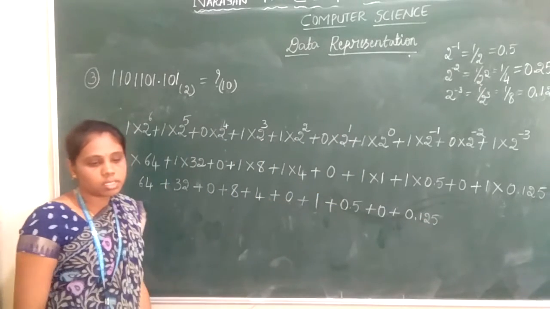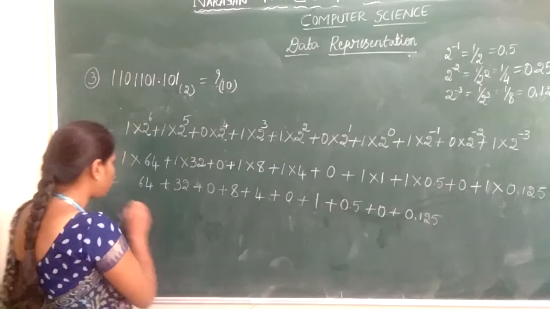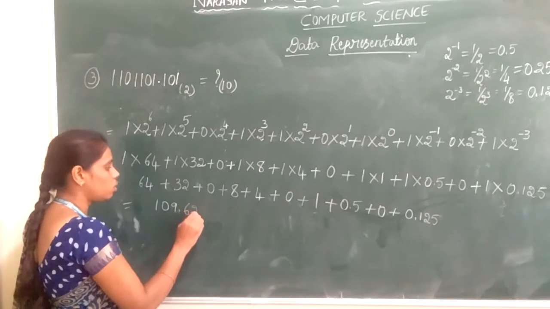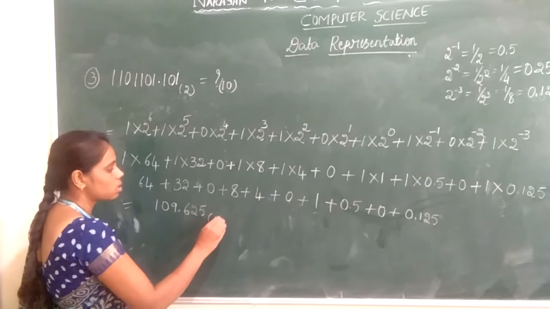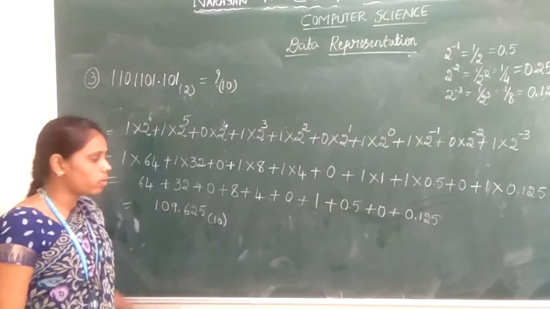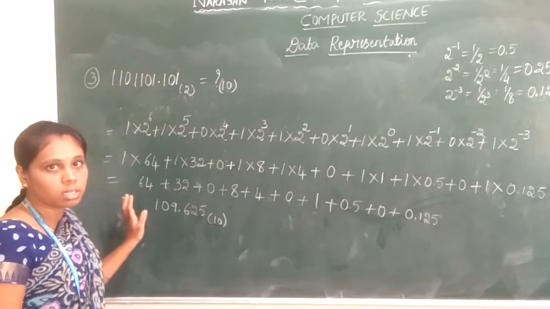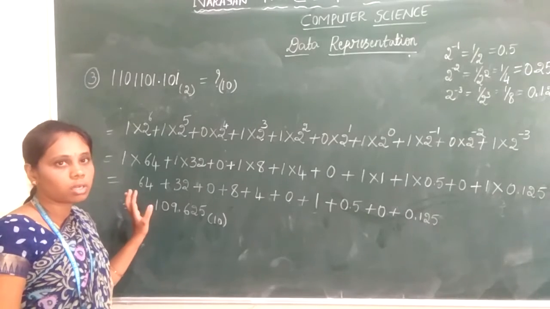Now add all these things, you will get 109.625. So this is the decimal equivalent value for the given binary digits. Now we will see another concept.